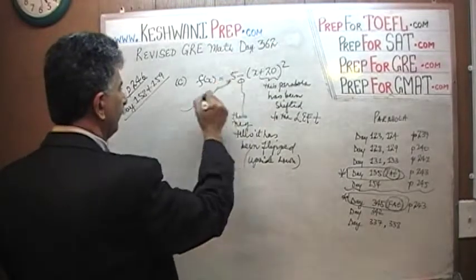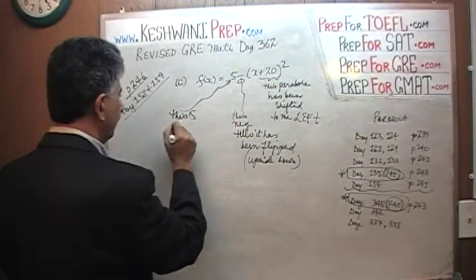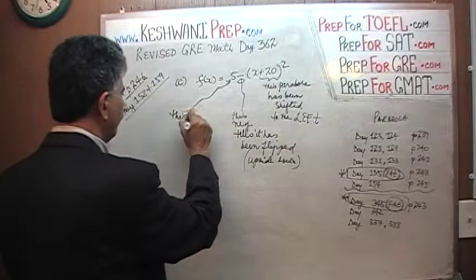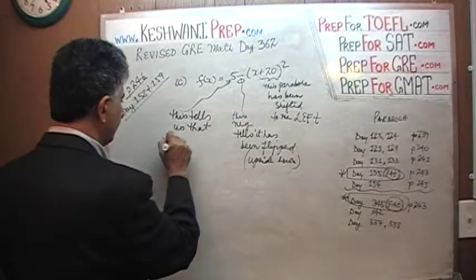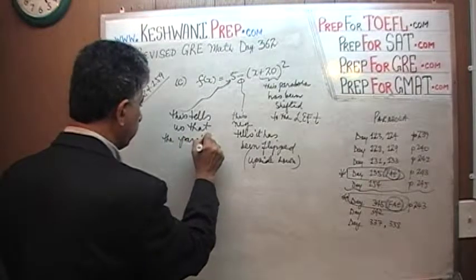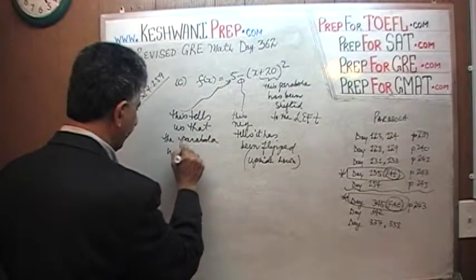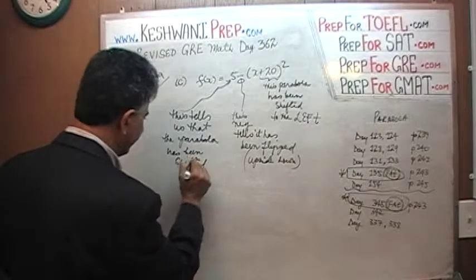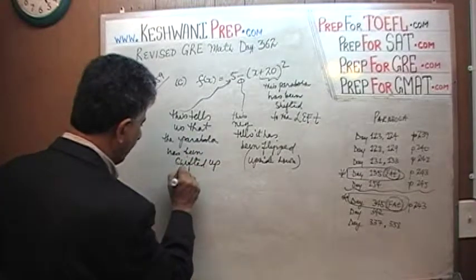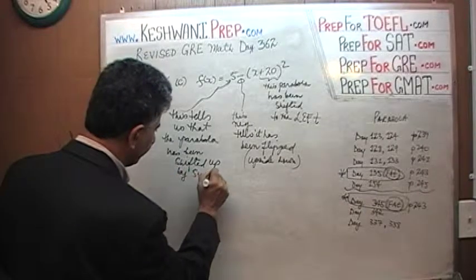This 5 tells us that the parabola has been shifted up by 5 units.